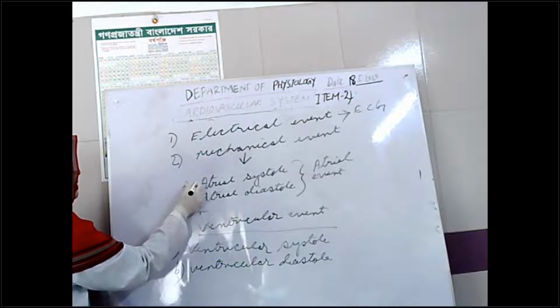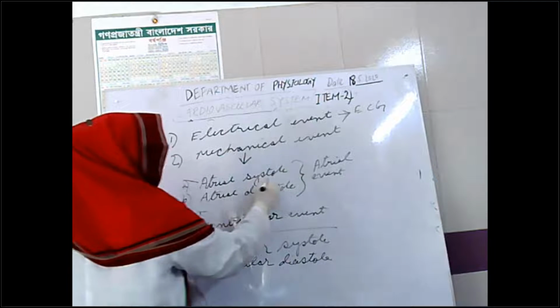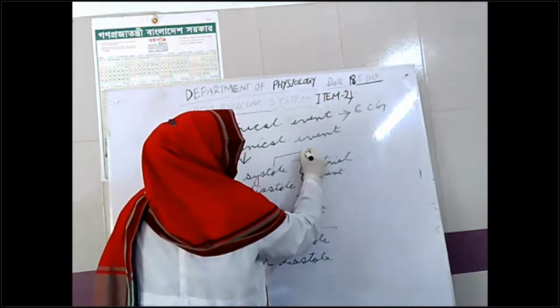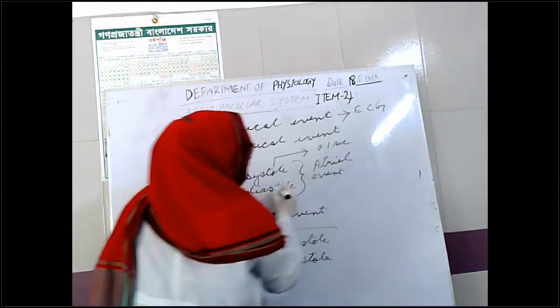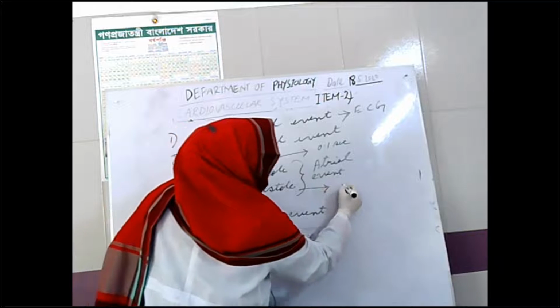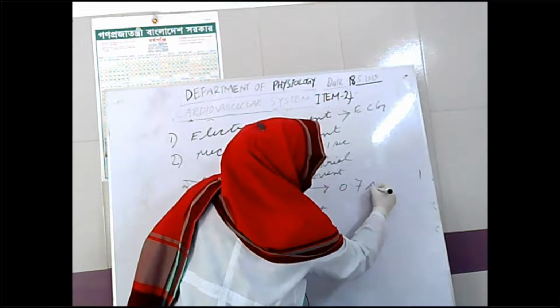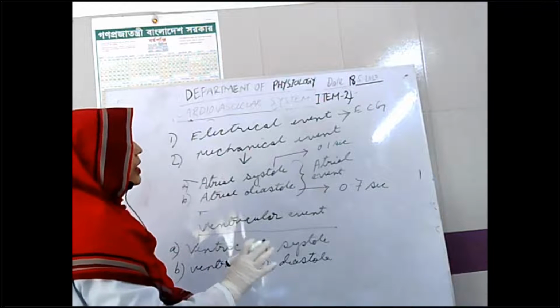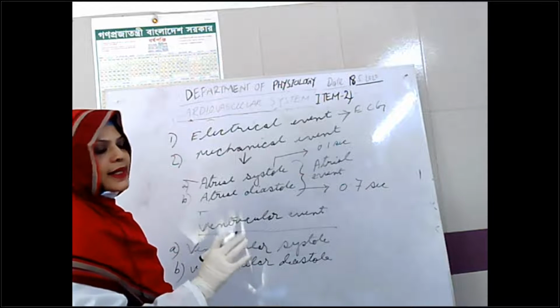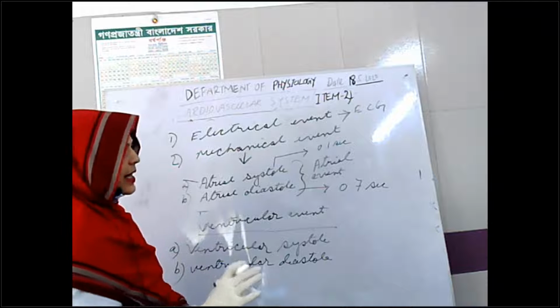Now, the time of the atrial systole, how much? Atrial systole time is 0.1 second. Atrial diastole time is 0.7 second. That is total 0.8 second. Already I mentioned that cardiac cycle time is 0.8 second.